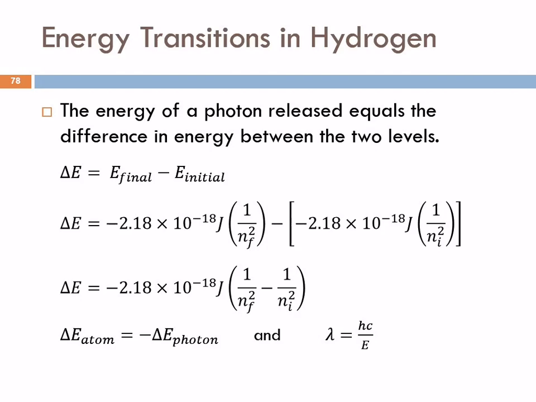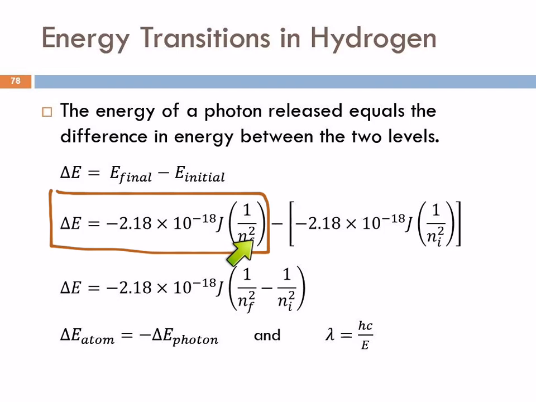So the energy of a photon released equals the difference in energy between the two levels. So when you talk about the difference in energy, same pattern, it's the final energy minus the initial energy. And this is going to equal minus 2.18 times 10 to the minus 18th joules times 1 over the final level squared. This should look like that equation for calculating the energy of an electron in hydrogen.